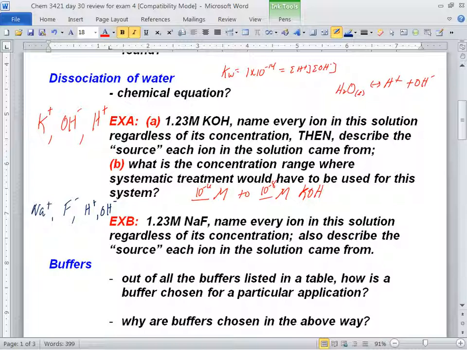I think this one, do you see what I was probably driving at? Well, we can answer the question. The sodium is coming from the sodium fluoride. We probably should list the HF because of name every species, because otherwise that's what the question is really driving at.